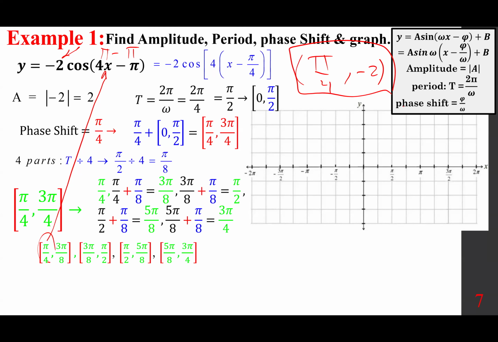If I put 3 pi over 8, let me just show you 3 pi over 8. I'm going to write it here and then I'm going to erase it: -2 cosine of 4 times 3 pi over 8 minus pi.